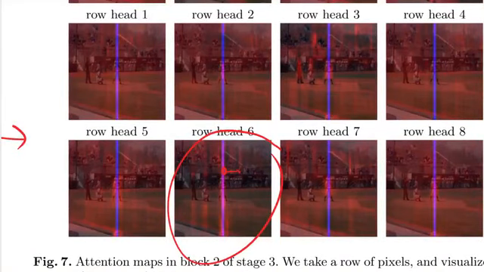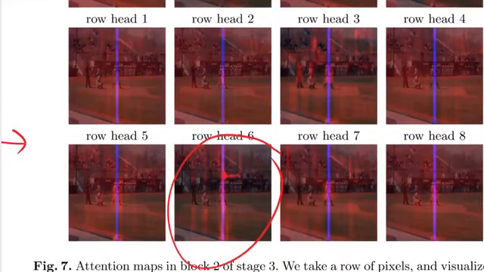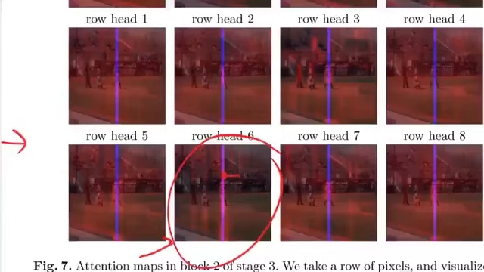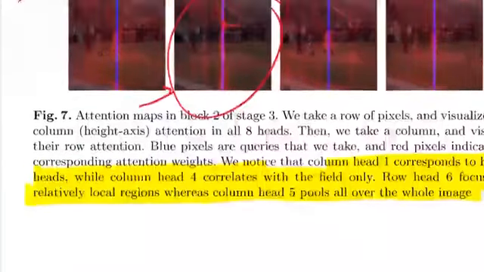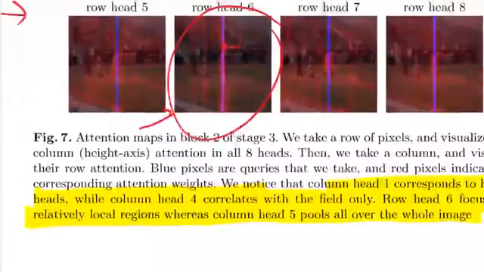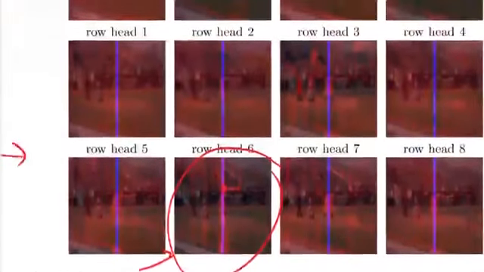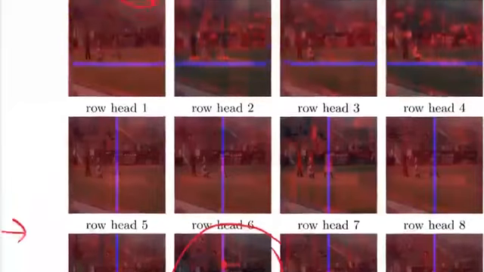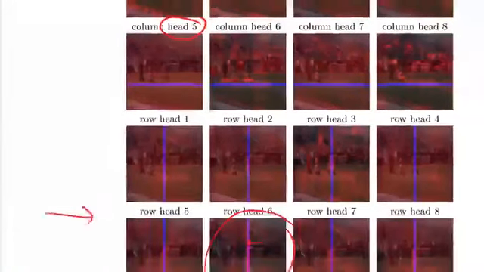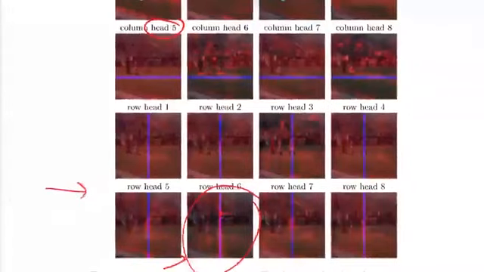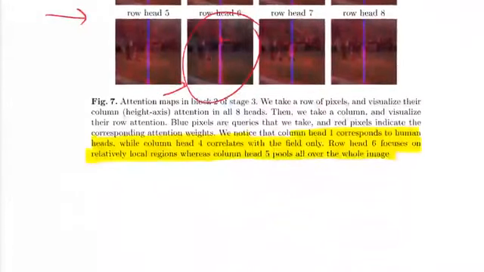So we need to come up with something that we can say, and then you're like, there's not a lot of attention, so we need to contrast this with something. Then you would think that they contrast it with another row head, but then there's no row head that does this whole image. So there's column head 5. Yeah, I'm not sure, there's a bit of tactical writing going on here, I suspect.